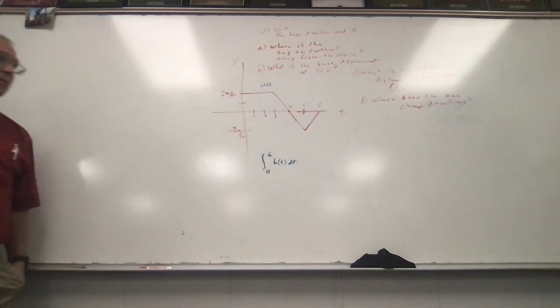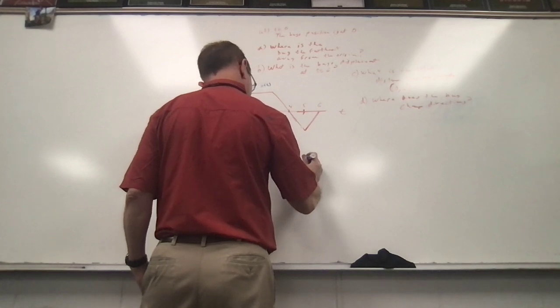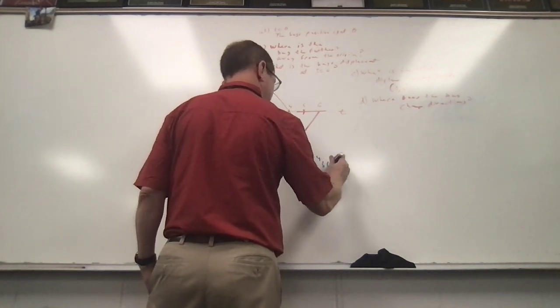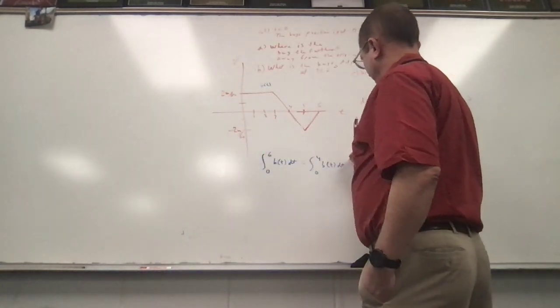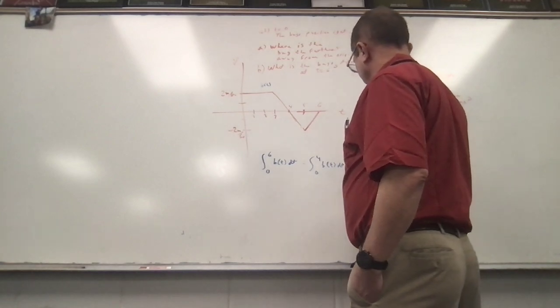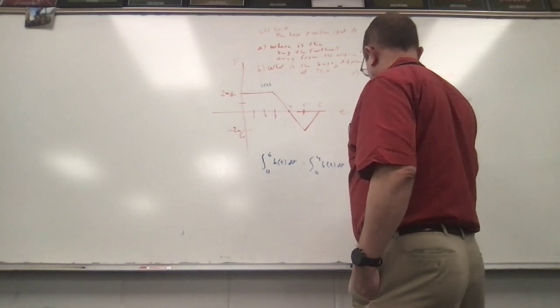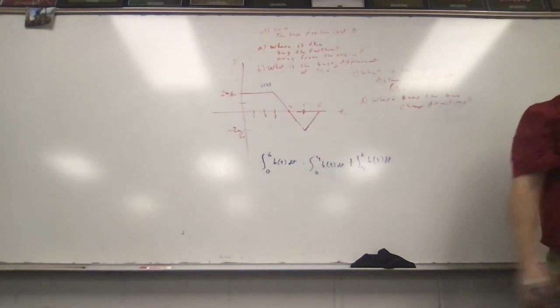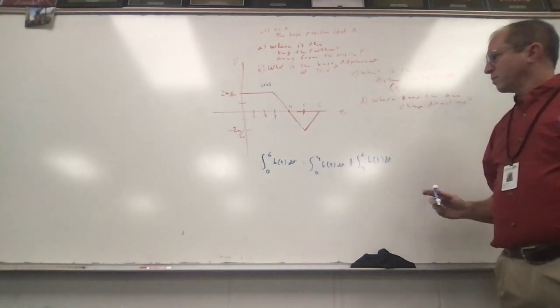Find the area between 0 and 4 and then subtract the area between 4 and 6. Okay, so basically we can say that it's the integral from 0 to 4 of b of t dt, plus the integral from 4 to 6 of b of t dt, because that one is going to be a negative value. We're going to subtract what the area is because it would have a negative integral there.